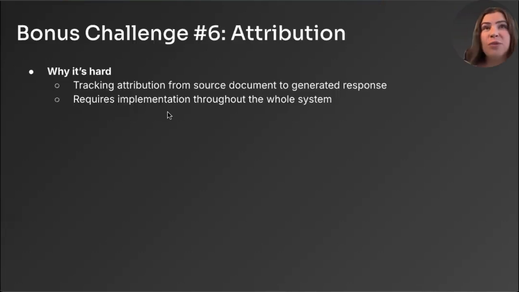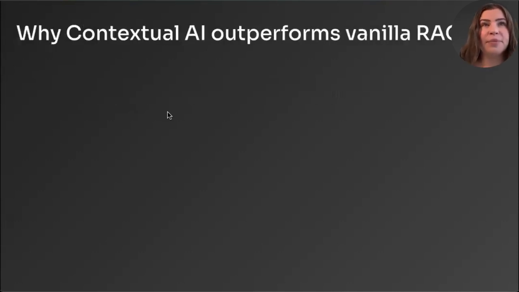This is super valuable for things like regulated industries where you need to actually show the evidence and potentially have a human look at it, and also just for validating your system beyond the evaluations, to be able to look at responses and see that they're looking correct.